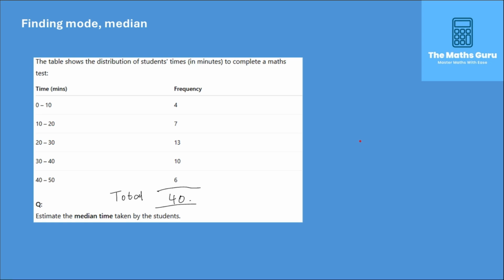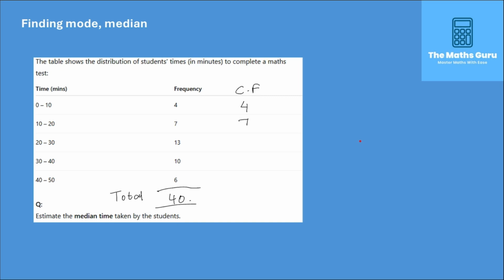we now need to do a new column called the cumulative frequency. And accumulate is to constantly add, right? So a cumulative frequency is to add on each successive set onto the frequency. So I'll explain it when I go through it.